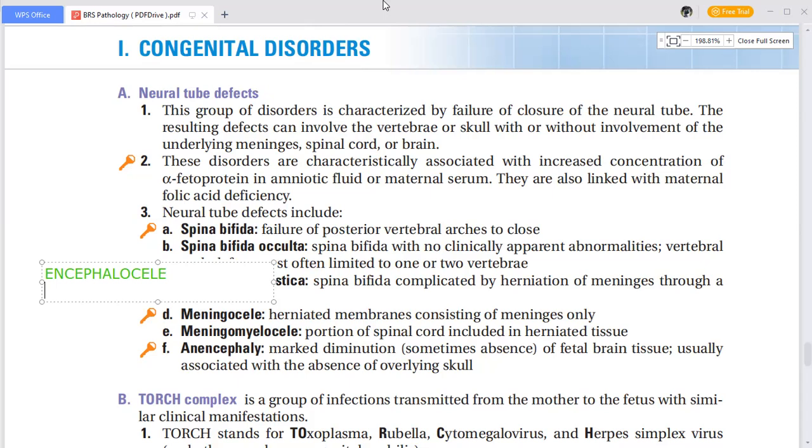It happens inside the cranium, maybe in the occipital or the posterior fossa. That is why it is usually found there. That is called encephalocele.